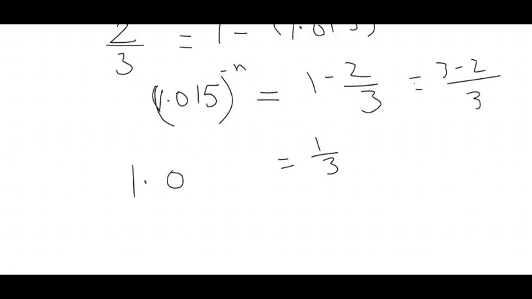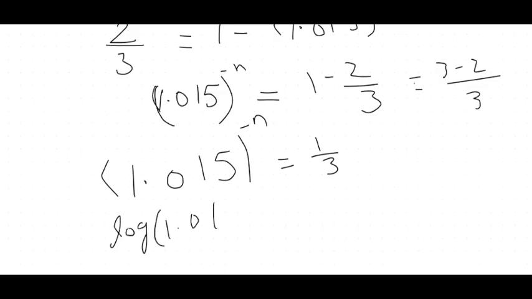Now we take the log on both sides to find the value of n. We have log of 1.015 power of minus n and log of 1 by 3.